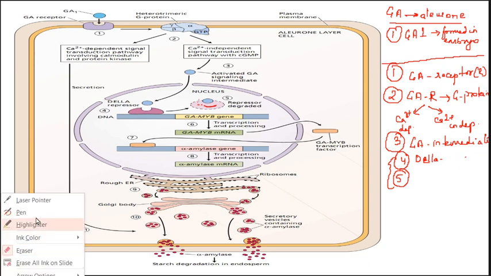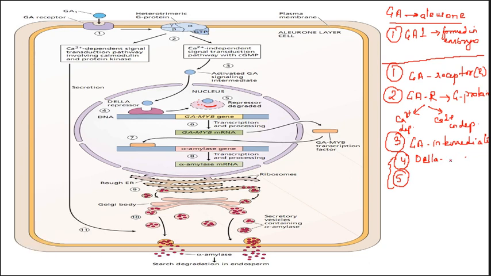The GA intermediate will bind to DELLA and degrade it.